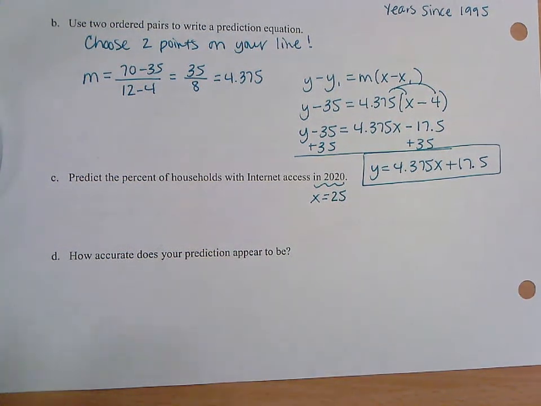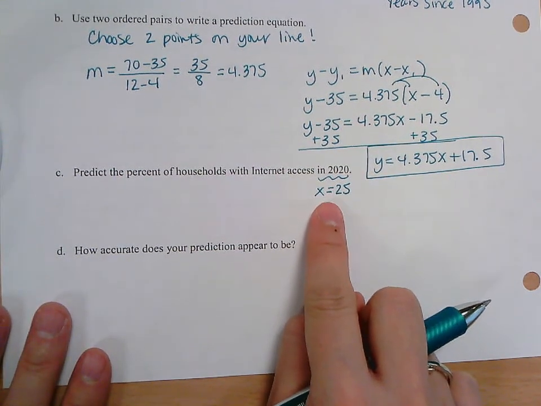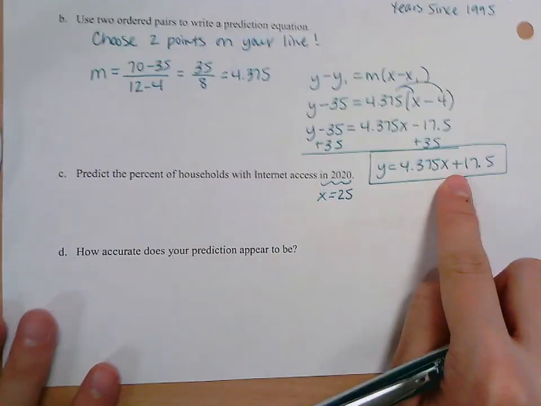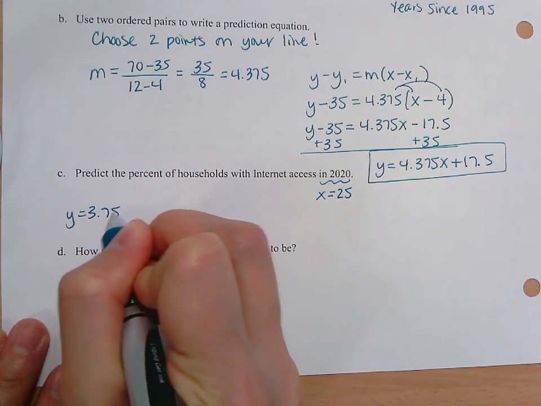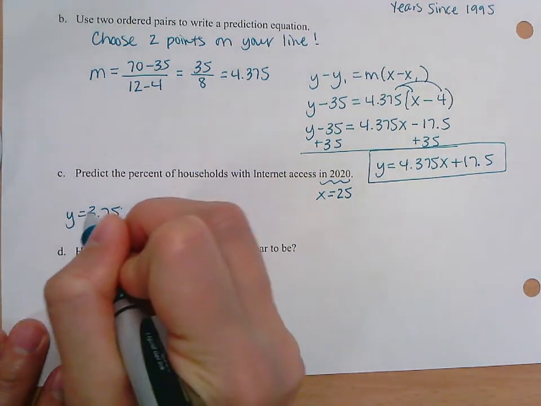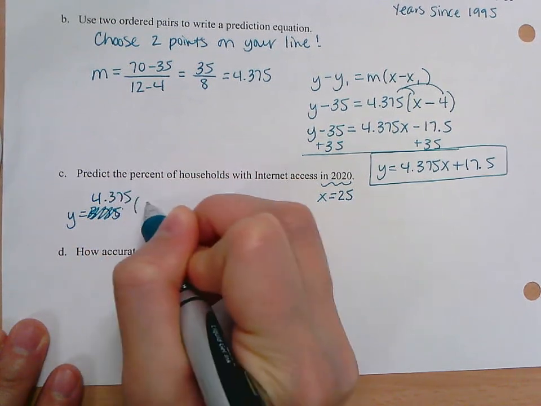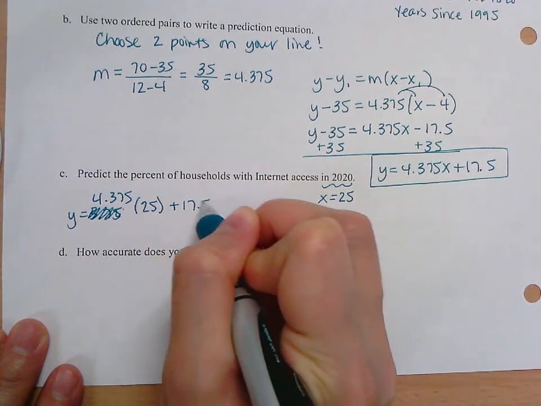So 25. So careful if you are using different x values. I'm not actually substituting in 2020, so I would substitute this into my equation. So y equals, no, that's not my slope, 4.375 times 25 plus 17.5.